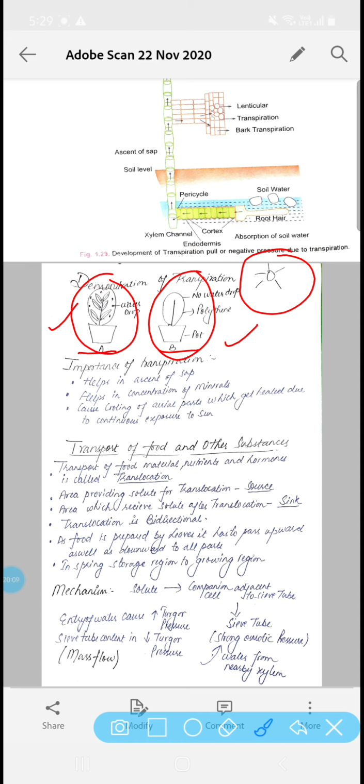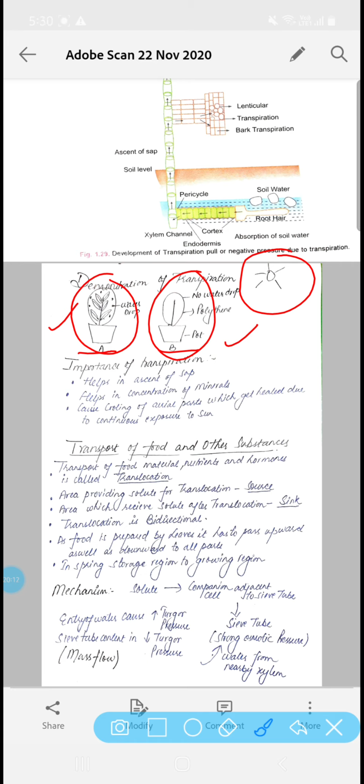But in the second pot, where you have kept the stick instead of the plant, no transpiration will take place. If you observe the polythene of pot B, you will see no water droplets present in the polythene.